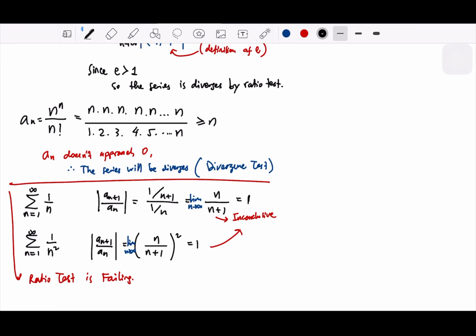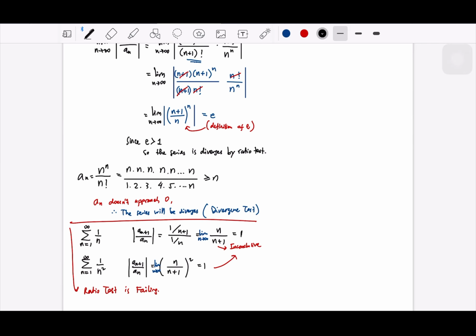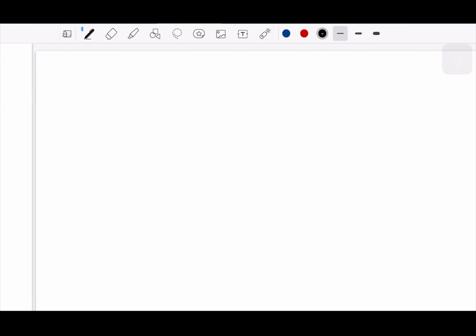Okay, let me write some words. So the root test is not really used much, but you will see the pattern obviously.